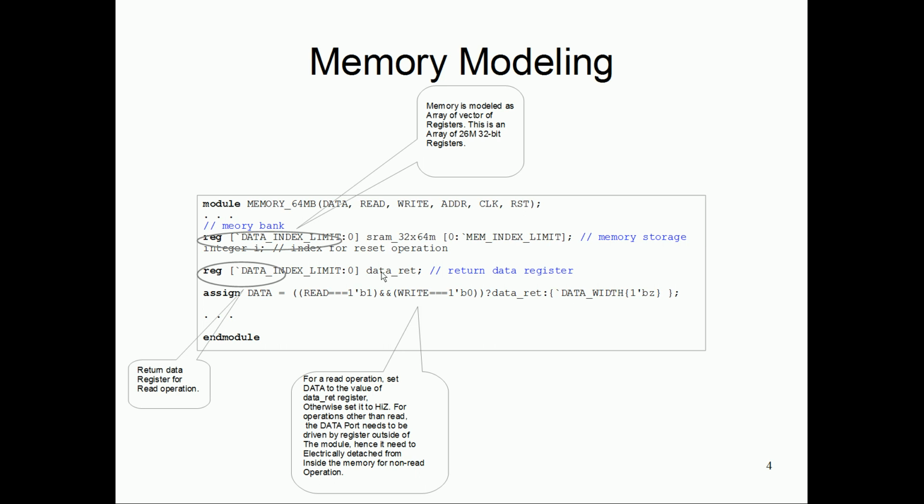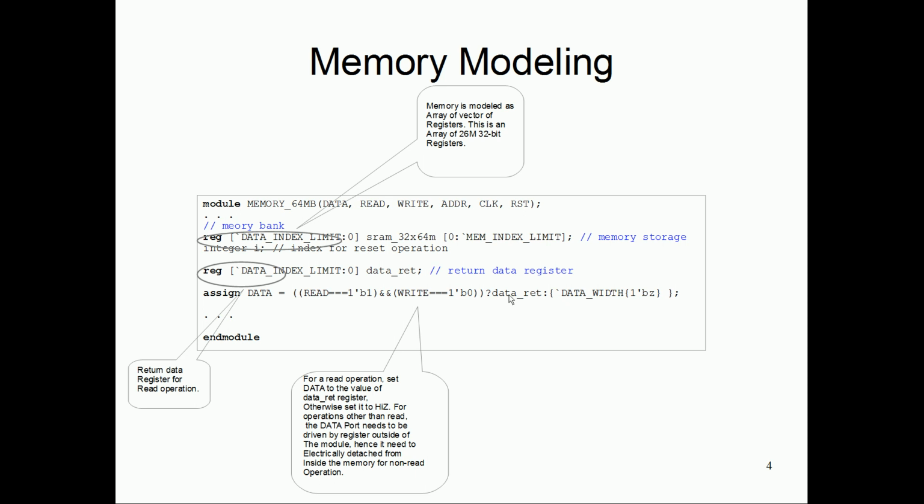So what we need to do is detect if it is a read operation, and only then drive the data from inside the memory. We do that through this statement: read 1, write 0, which is a read, then assign data as the data return register value, which is basically the read operation.